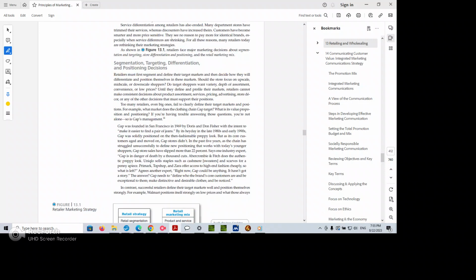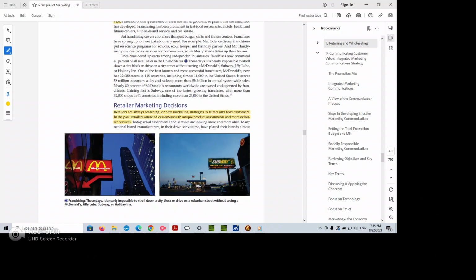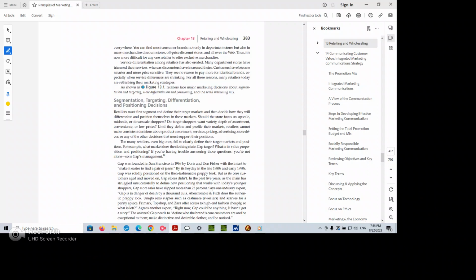Many national brand manufacturers, in their drive for volume, have placed their brands almost everywhere. You can find most consumer brands not only in department stores but also in mass merchandise discount stores, off-price discount stores, and all over the web. Thus, it's more and more difficult for any retailer to offer exclusive merchandise.